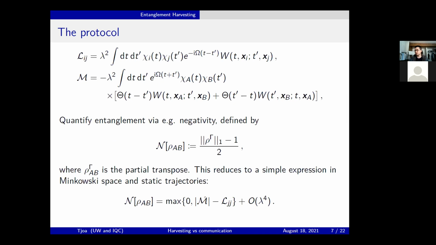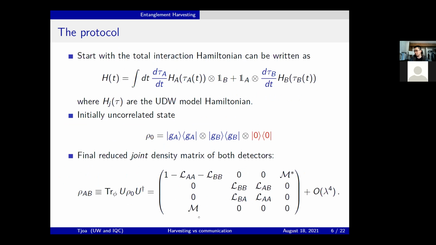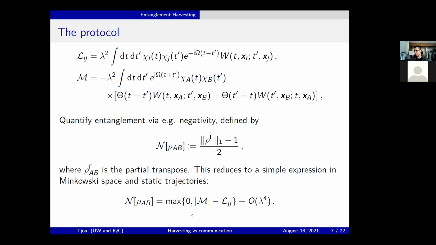It will just be the absolute value of the M term, which is the top right and bottom left corner, minus the transition probability of detector A or detector B. It doesn't matter which, because they are the same due to the translational invariance of the spacetime.